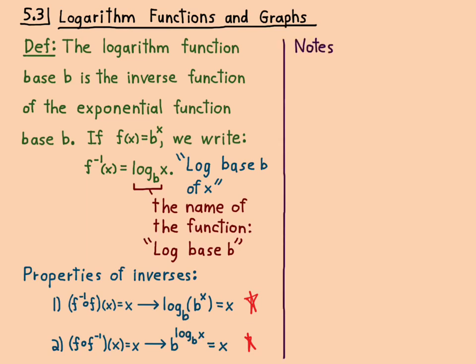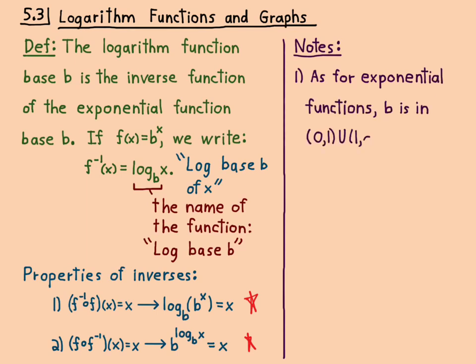Okay, a few notes here. Number one, as for exponential functions, b is in 0, 1, union 1, infinity. Remember, for exponential functions, if the base is in 0 to 1, that's exponential decay, and if the base is in 1 to infinity, that's exponential growth.